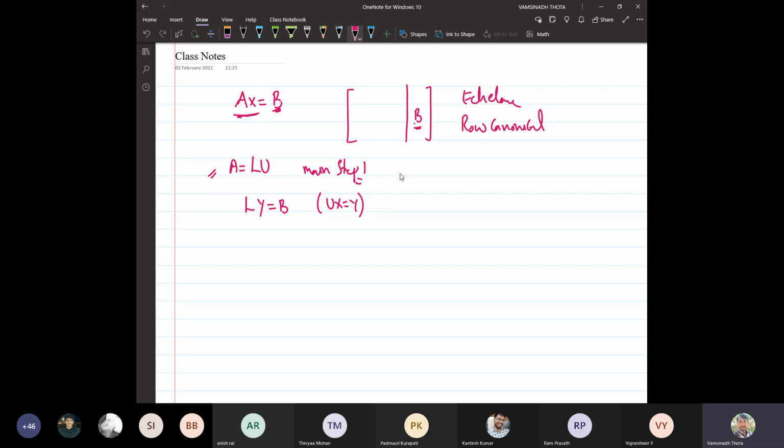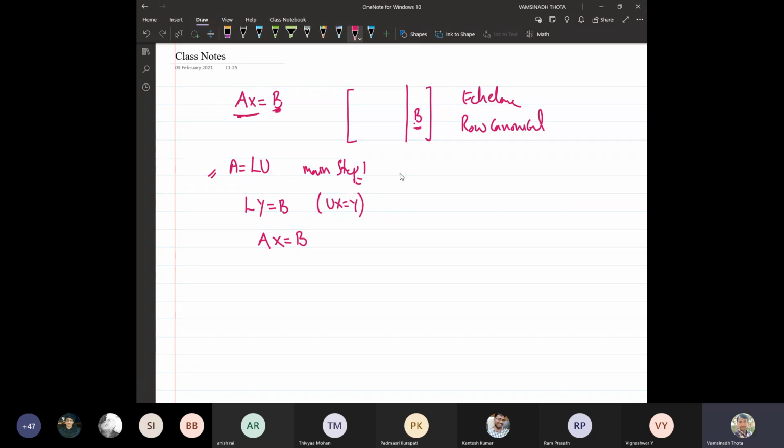This gives an idea of the additional advantage of the LU decomposition method. For example, we are working on some problem and initially we need to solve the system Ax = B. Suppose you use the echelon form or row canonical form, and you find the solution after a finite number of steps.